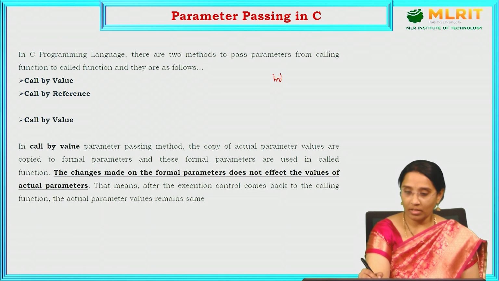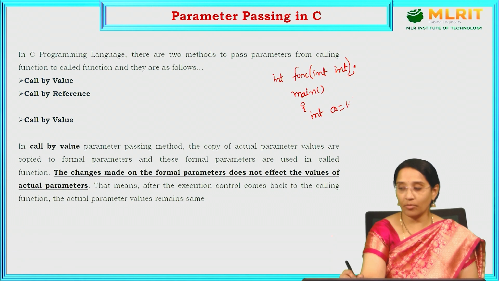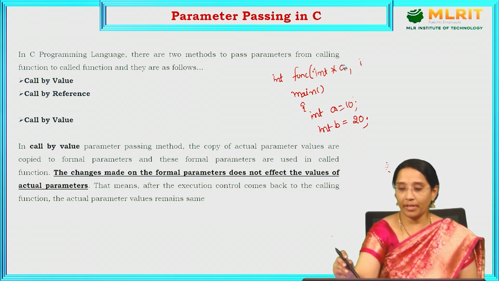So int func of, again in this call by reference method, main function, let's take the same variables: int a is equal to 10, int b is equal to 20. Instead of sending these normal variables, we will take the pointer variables.